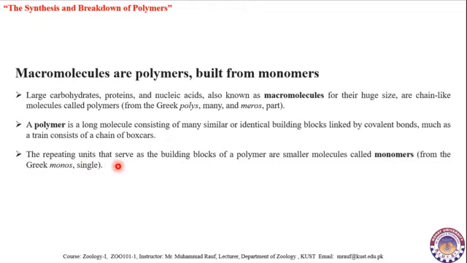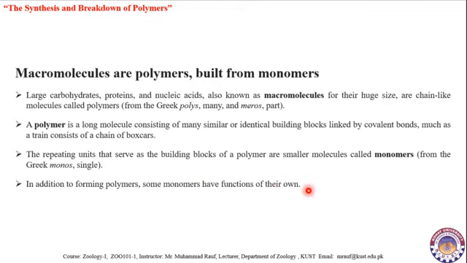The repeating units that serve as the building blocks of a polymer are smaller molecules called monomers. So monomers are the basic building blocks of the polymers. The Greek word monos means single. In addition to forming polymers, some monomers have functions of their own.